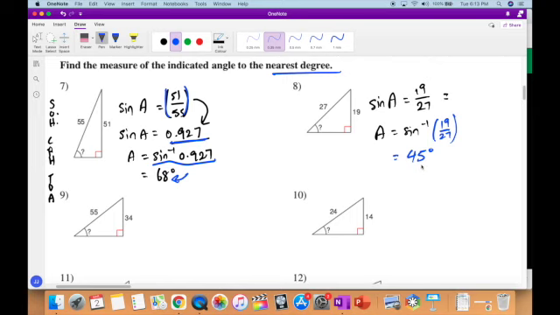Of course, to the nearest degree is easy, but when you're talking about 4 or 5 decimal places, then you'll start to get problems. So make a note of this: don't do the divide yet. You can actually do the sine inverse of the actual ratio and you'll get a more exact answer.